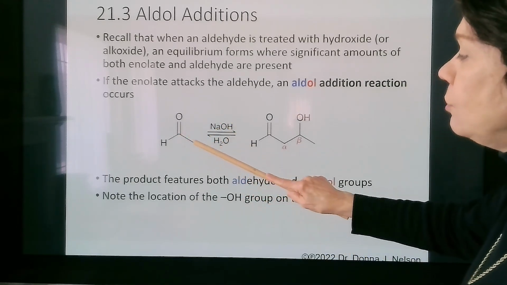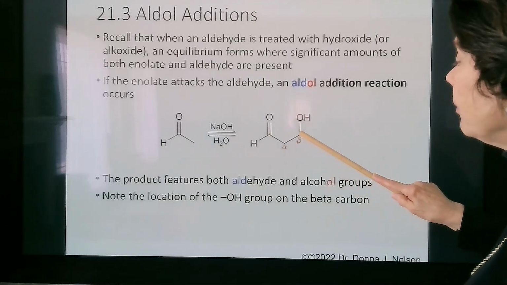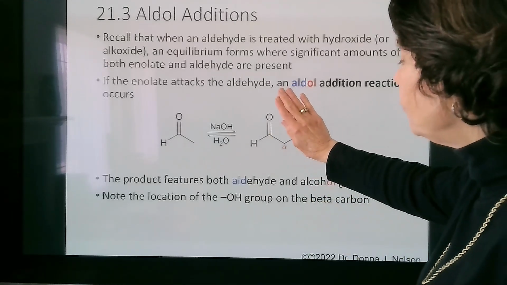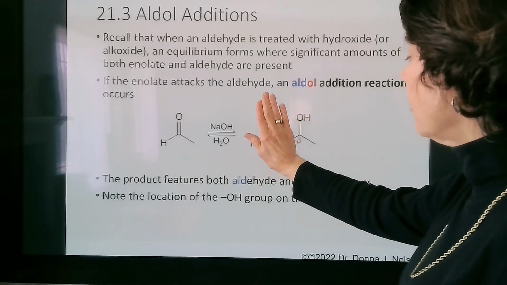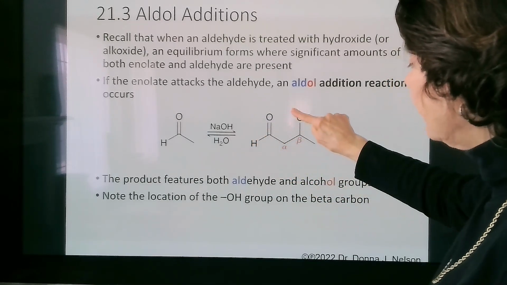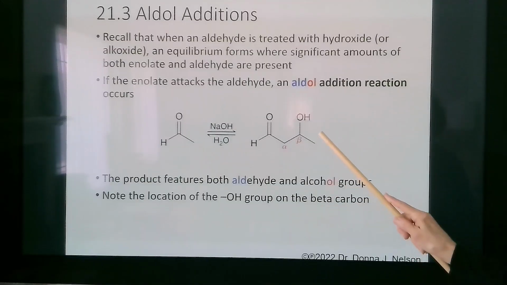Notice you start out with 2 carbons in the molecule. Now you have 1, 2, 3, 4 carbons in the molecule. And if you look closely, you can see there's the aldehyde, and here's the carbons of the aldehyde. So you have 1 aldehyde and the second aldehyde carbon skeleton joining together.